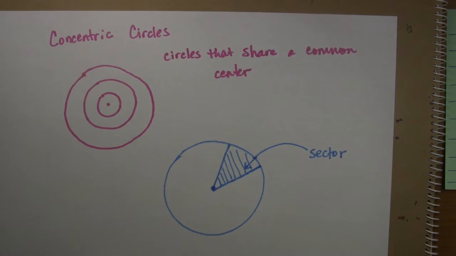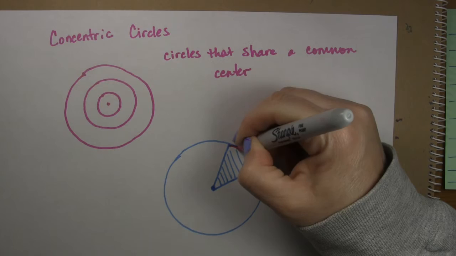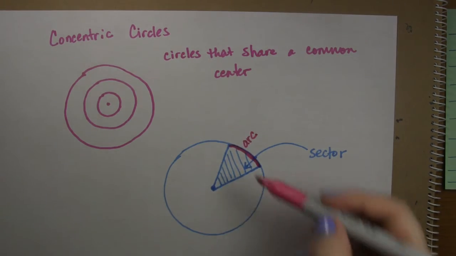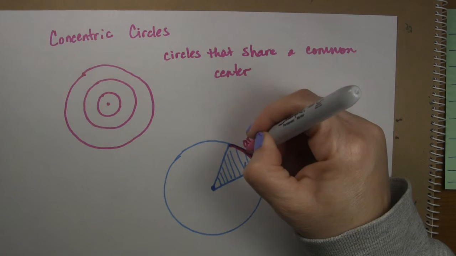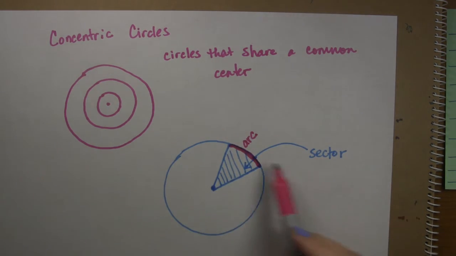It's like a piece of a circle pie. And this part right here is the arc. Okay? That's the piece of the circle that goes around, marking off some sort of sector.